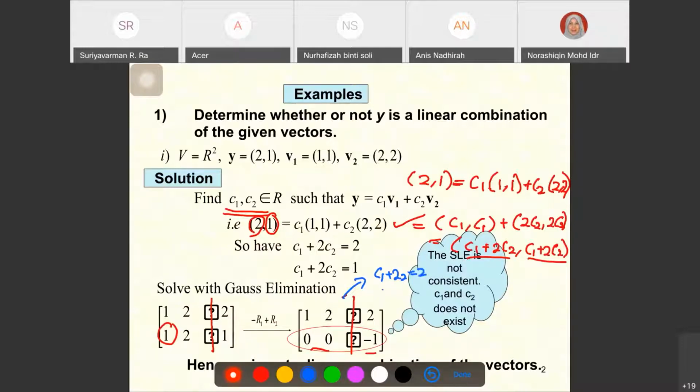Over here, 0C1 plus 0C2 equal to 1. So 0 equal to 1, which is not a valid statement. It's not defined.